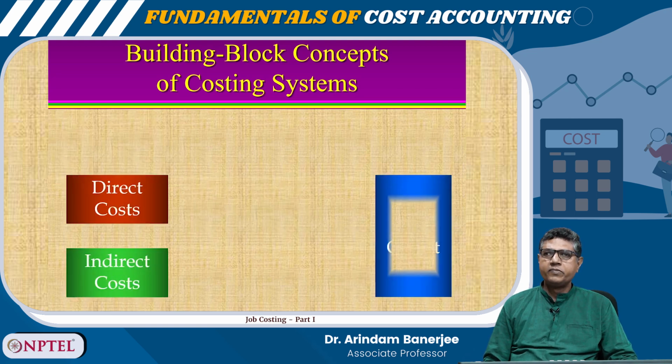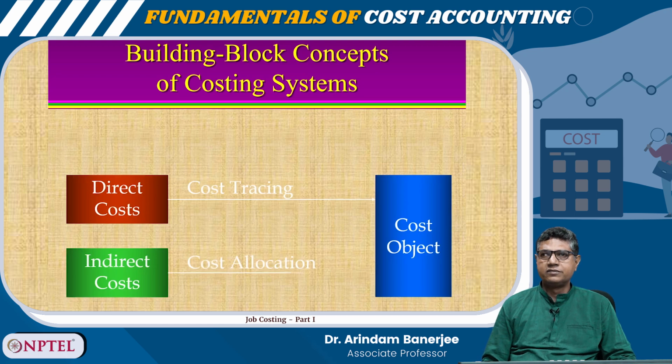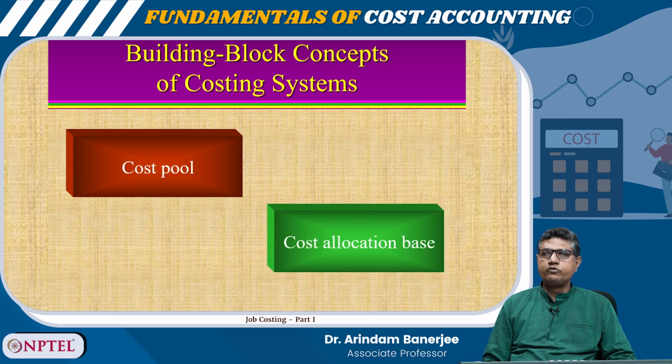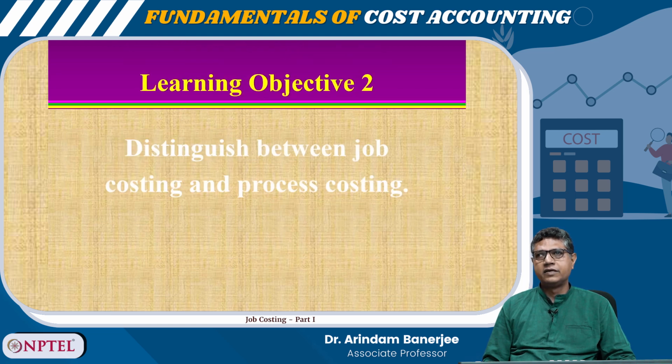While doing so, the direct costs we trace to the cost object, and indirect costs we allocate to the cost object. These things we already discussed in our overhead costing chapters. Now, for that we need to create a cost pool and a cost allocation base.